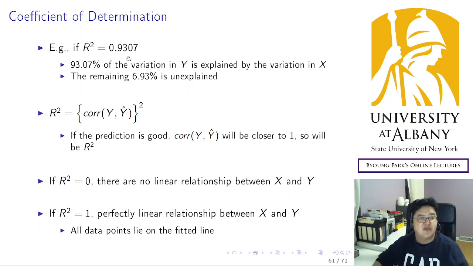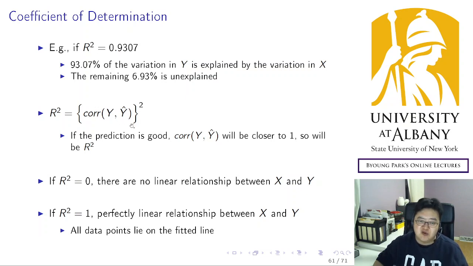A lot of hourly wage can be explained by education, right? It's very powerful. And the remaining unexplained residual is only less than 7%. Really small.